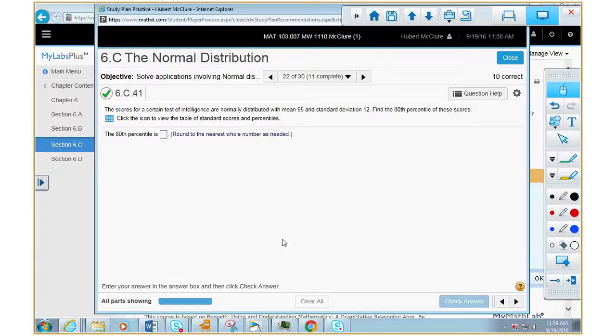Find the 80th percentile of these scores. Then rewrite that: find the test score that represents the 80th percentile. Because the way they write it is not correct.